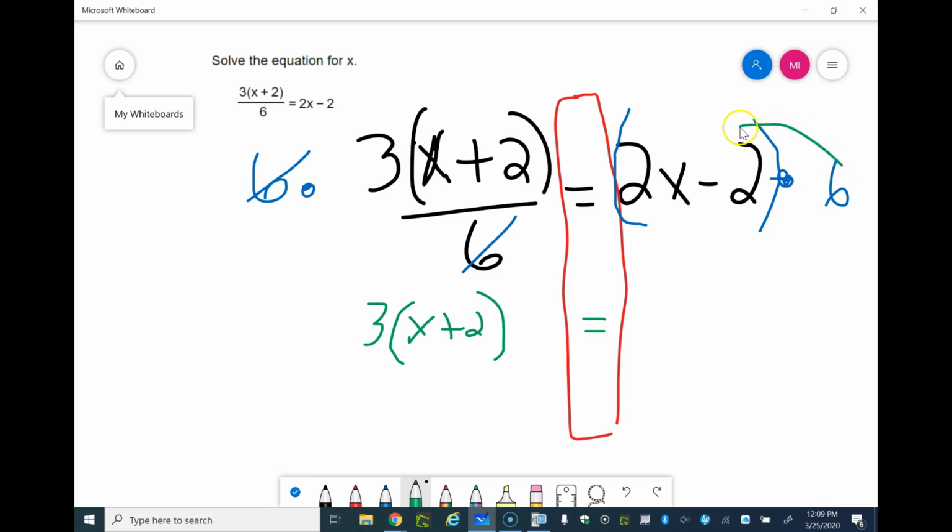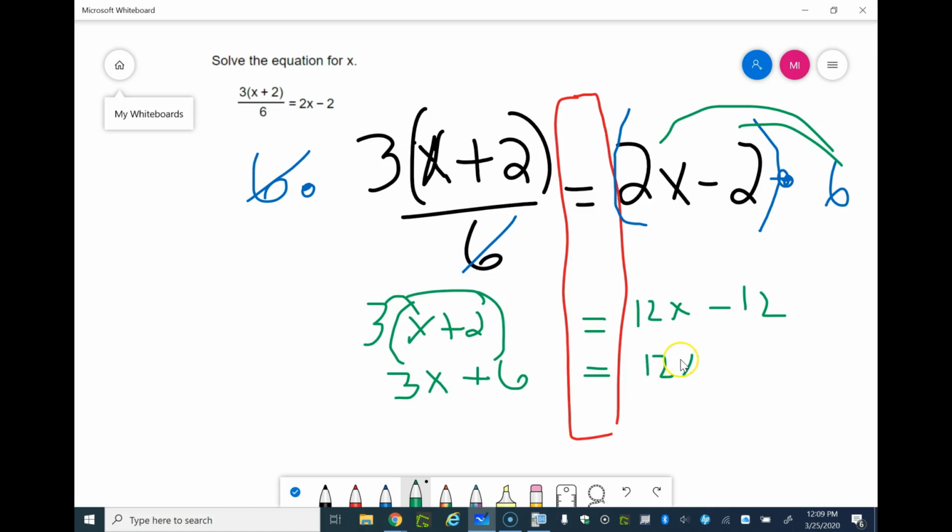Then I'm going to distribute to get 12x minus 12. Now I'm going to distribute this one next to get 3x plus 6, and it's going to be equal to, again, 12x minus 12.